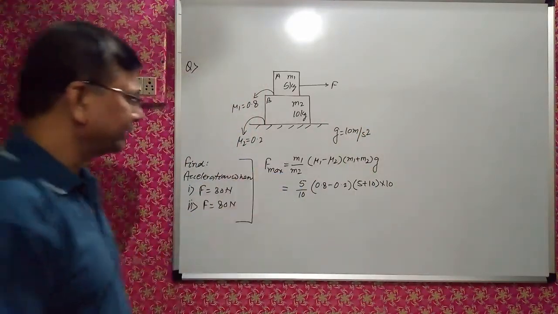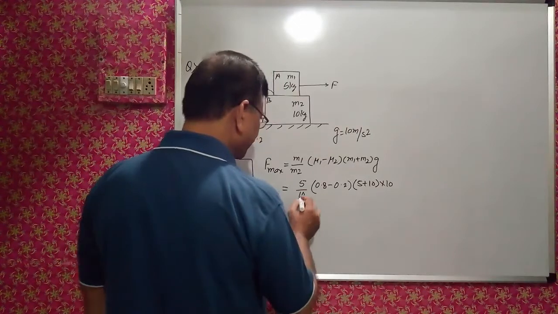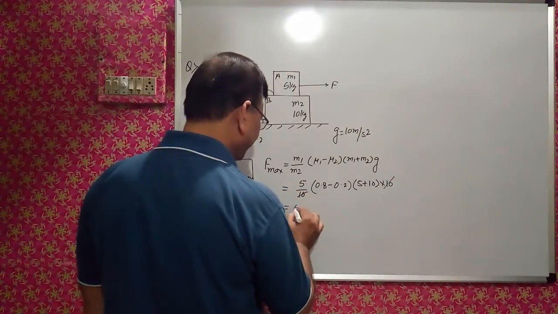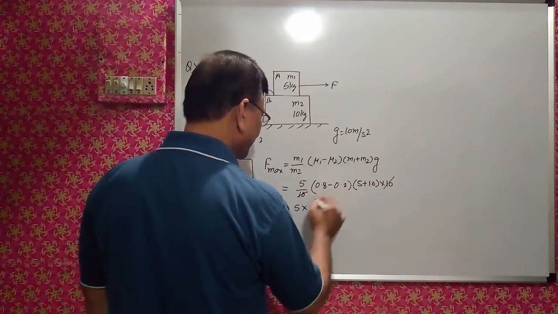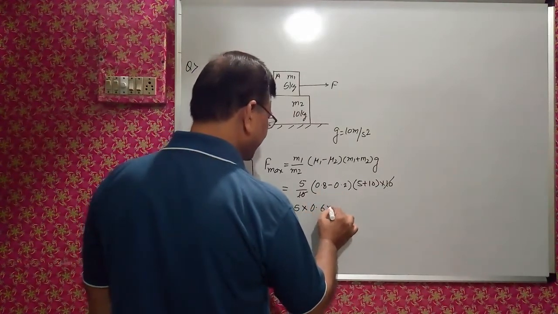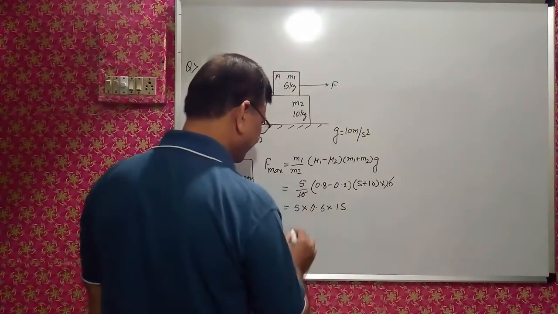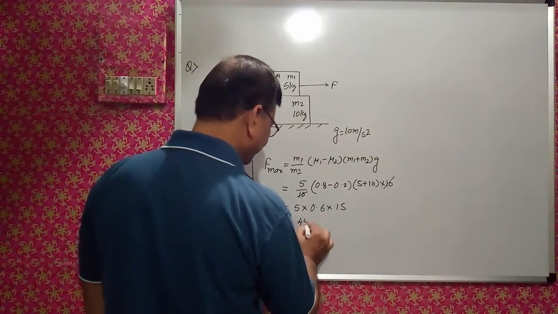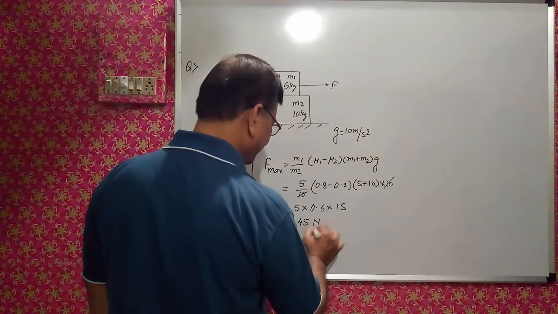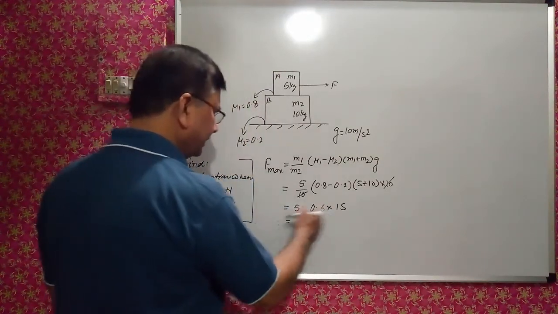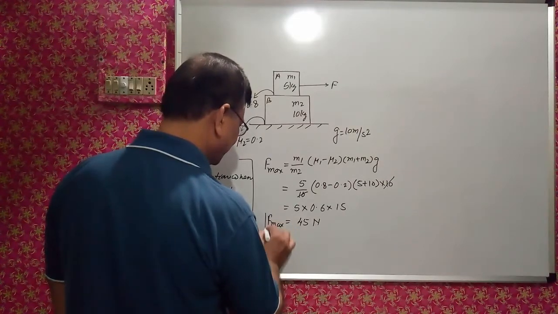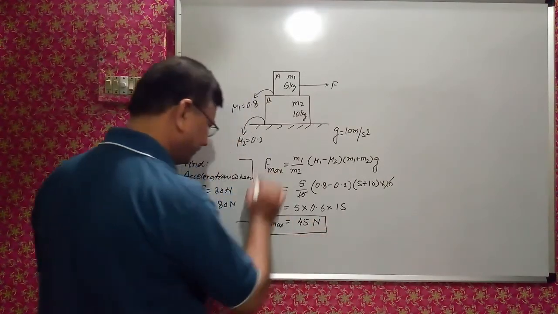So let's find by simplification. So this 10 will go with this 10, you will get 5 into 0.6 into 50, right? So that is 45 Newton. So F max is 45 Newton.